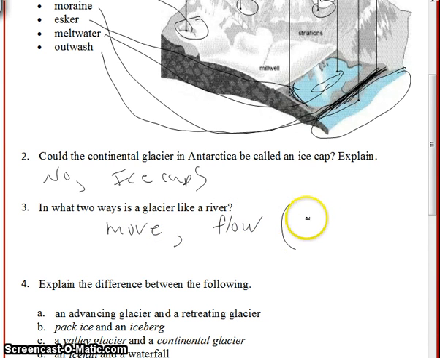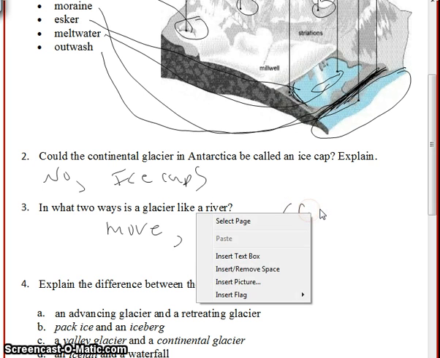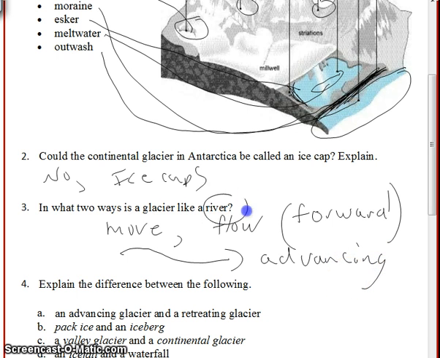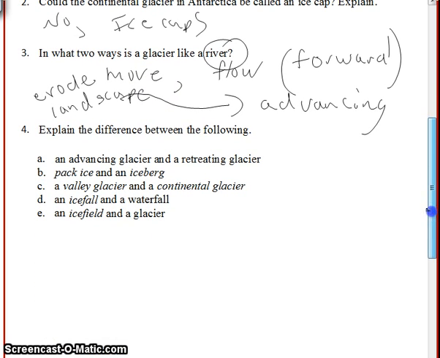So they might flow forward down a mountain like a river, so gravity carries the glacier that way, and we call that advancing. And so it's very much like a river. Plus, glaciers erode the landscape like a river. So two major features.